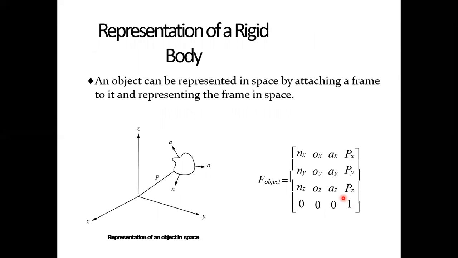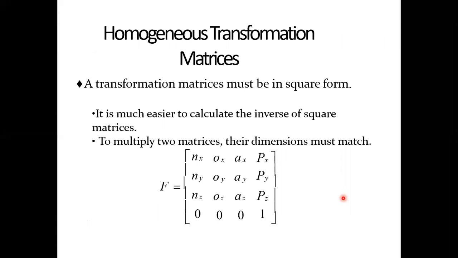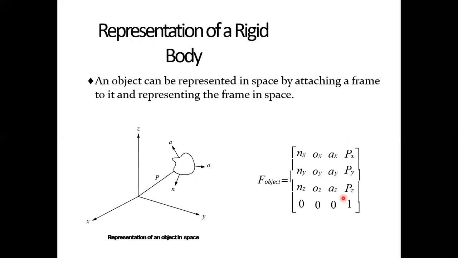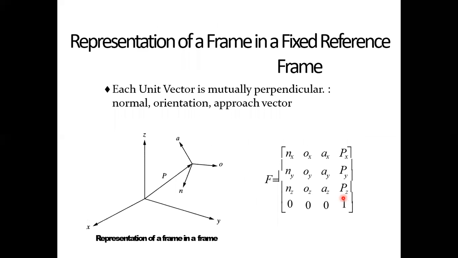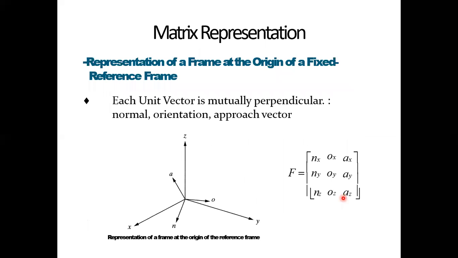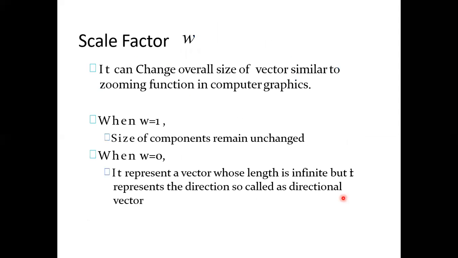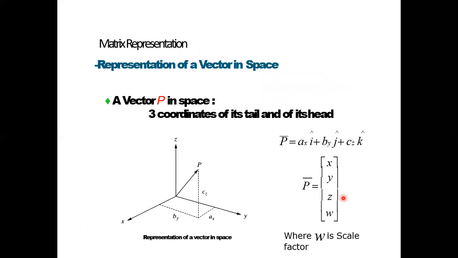So next, representation of a rigid body. A rigid body is also represented by the same concept. This is the example. It is the basic introduction to the matrix representation. If we are given some position p value and a d value like that, we can use the matrix representation.